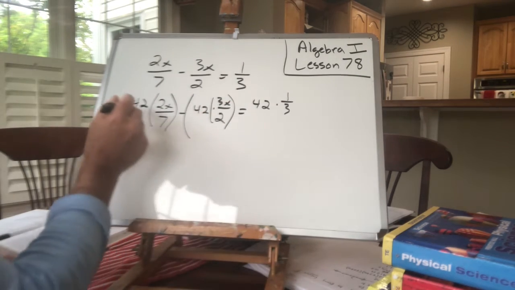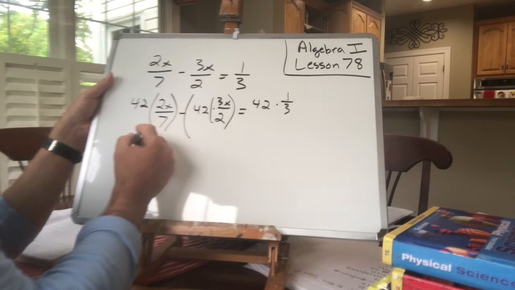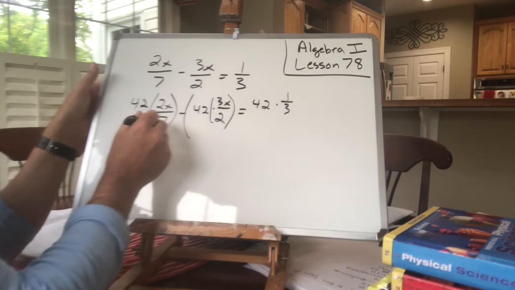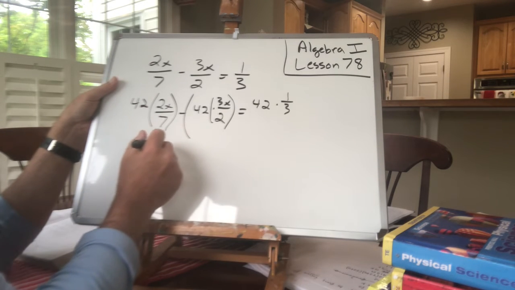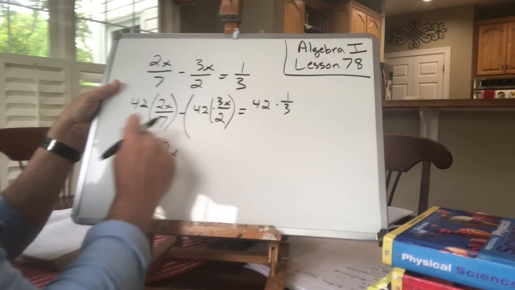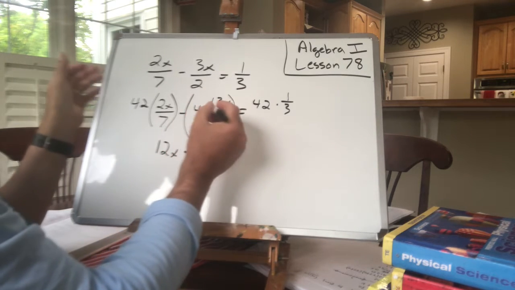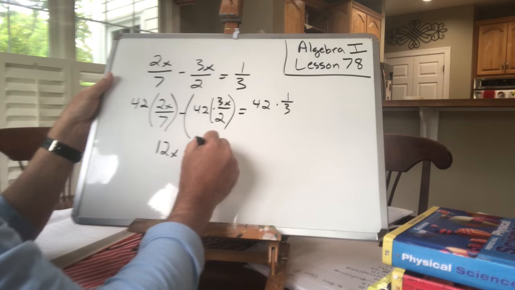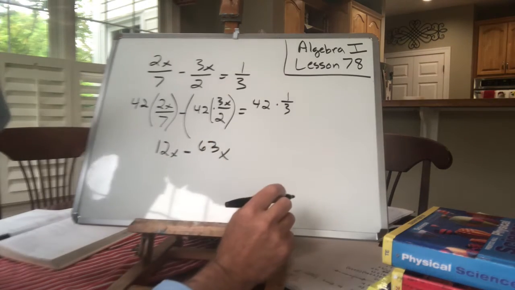We can reduce 42 and 7, right? That's going to be 6 over 1. This 7 becomes a 1, this 42 becomes a 6. 6 times 2x is 12x, okay? So I'm going to skip that. 12x minus, now I can reduce this one down to 21 and 1. 21 times 3 would be 63x, right?